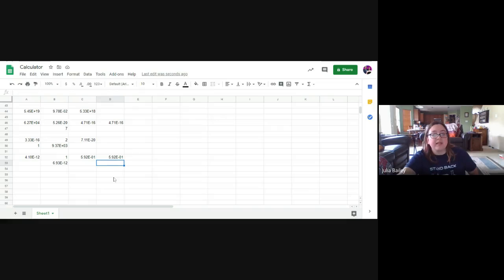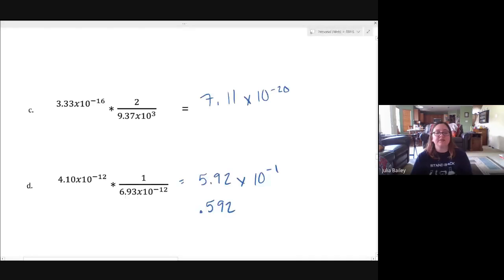So that's something you have to be paying attention to, because all your answers for this quiz need to be in scientific notation. So keep that in mind. Even if your calculator doesn't give it to you in scientific notation, you need to give it to me in scientific notation. So don't give me this. Give me the scientific notation.